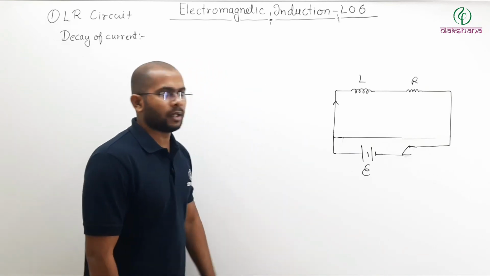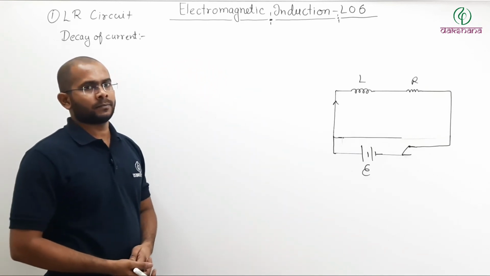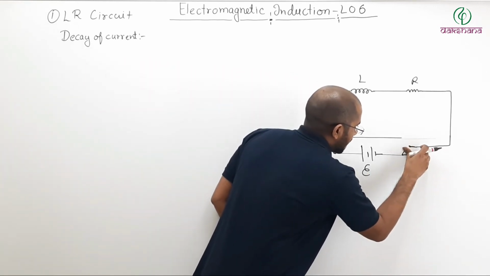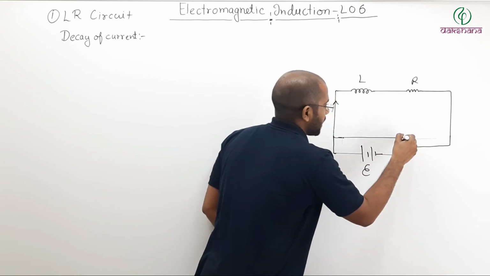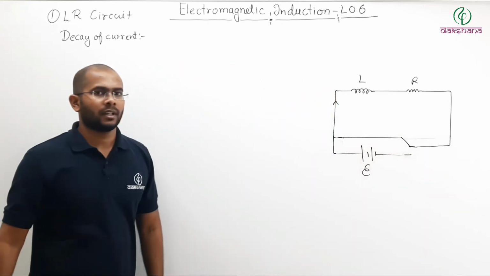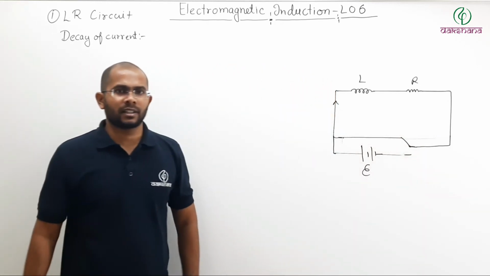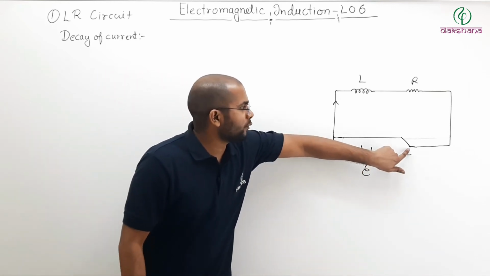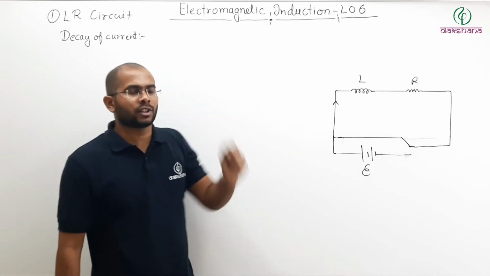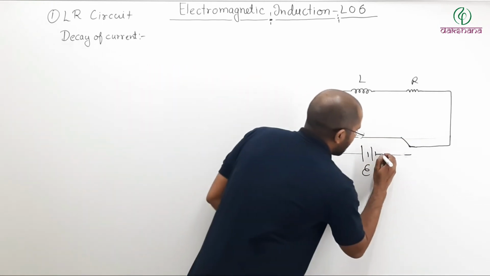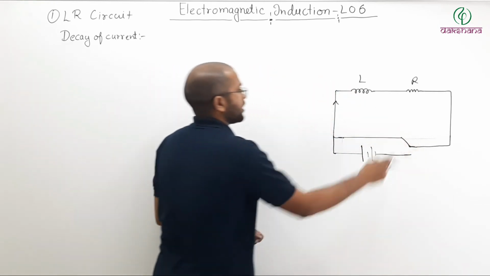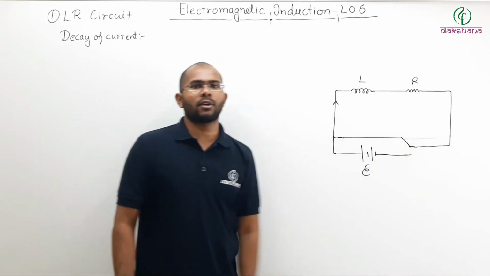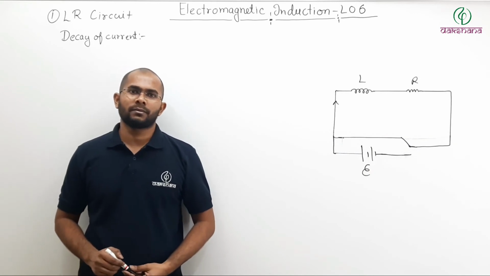Now if all of a sudden I remove this switch and add it here, remember, the time taken for the circuit to move from here to here is assumed to be 0. So all of a sudden the battery is removed from the picture. Then what would happen?